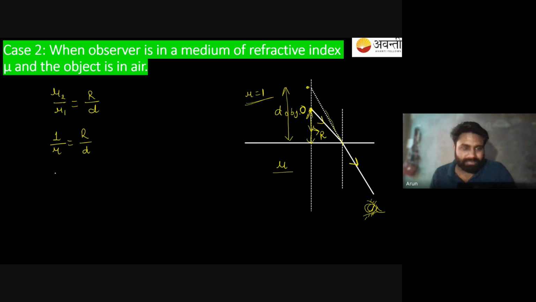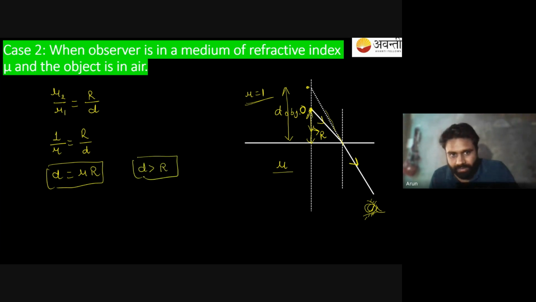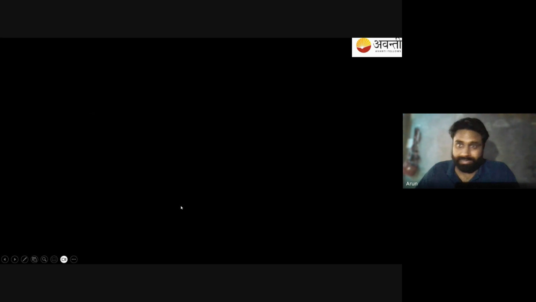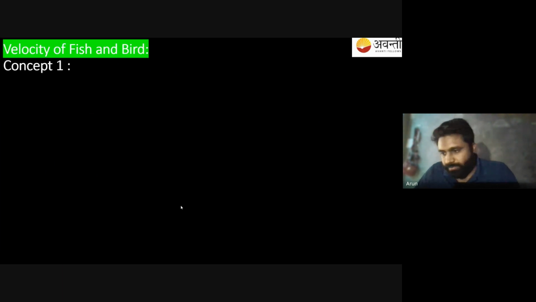So for this you can say d equals mu times r, means d is greater than r, means the object would appear at a somewhat greater position than the actual one. Okay, so this is the simple concept, a very useful formula.